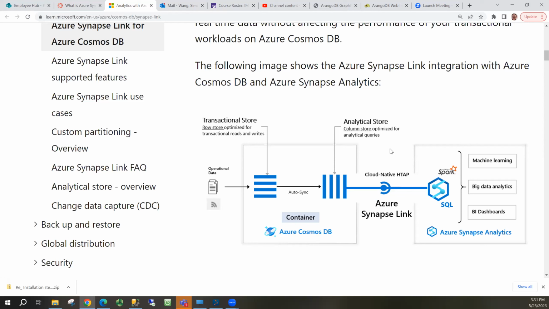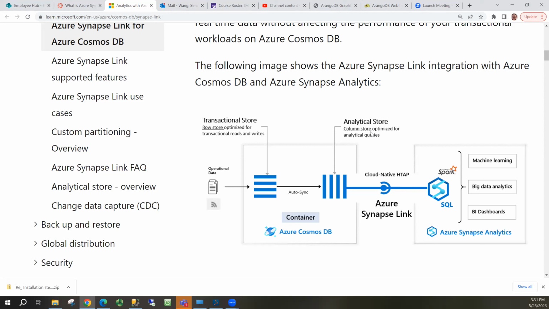So it's column by column, not record by record. Usually we focus on certain columns, right? That's the reason why column store is commonly used for reporting and data analysis purposes.